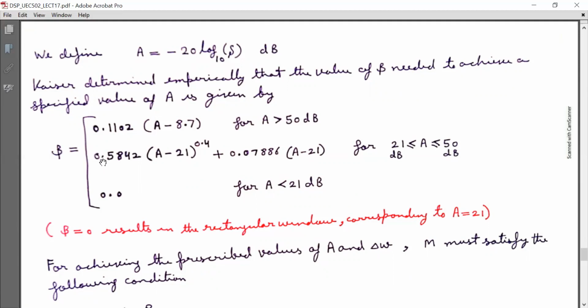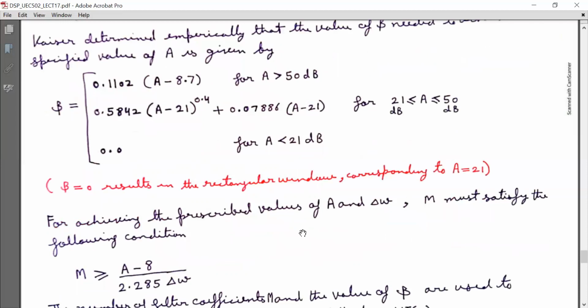Beta is equal to 0.5842 times (A minus 21) raised to power 0.4 plus 0.07886 times (A minus 21) when A is in the range 21 dB to 50 dB, or beta is equal to 0 for A less than 21 dB. Therefore, beta equal to 0 results in a rectangular window, corresponding to A equal to 21.